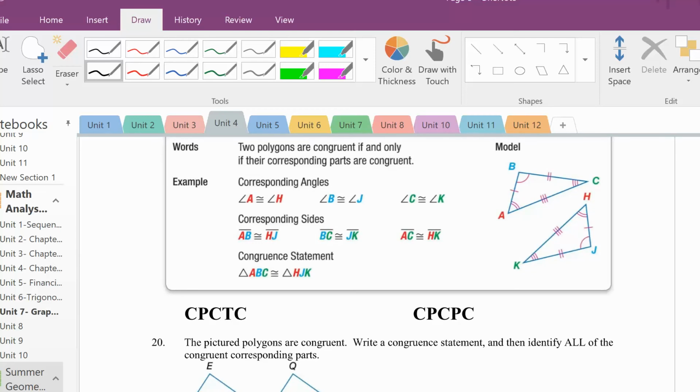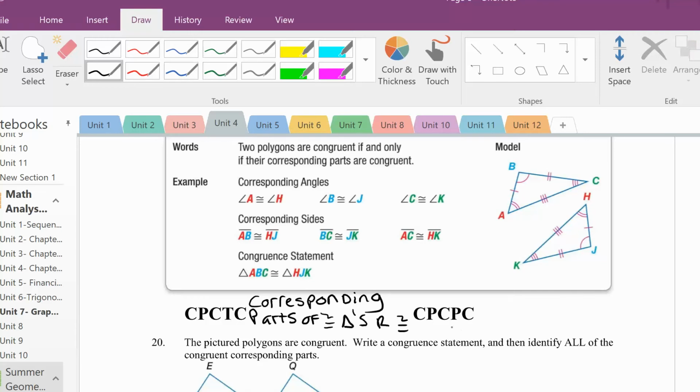And the definition of congruent polygons, when we write that as a reason, we will say corresponding parts of congruent triangles are congruent. That's what CPCTC stands for, corresponding parts of congruent triangles are congruent.